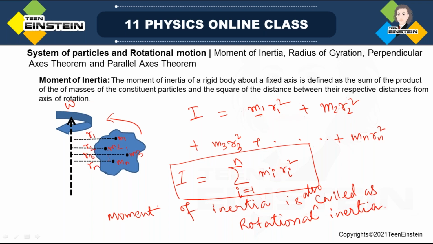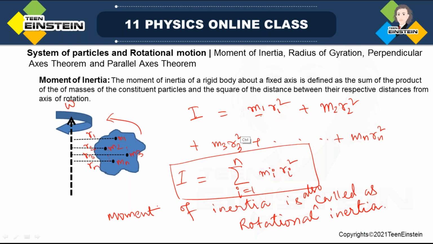We can give another alternative definition: the moment of inertia of any object about the given rotation axis is defined as the quantity by virtue of which it opposes the torque which changes the motion of the object.